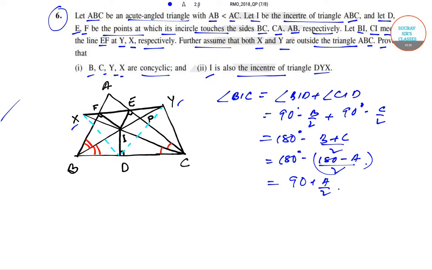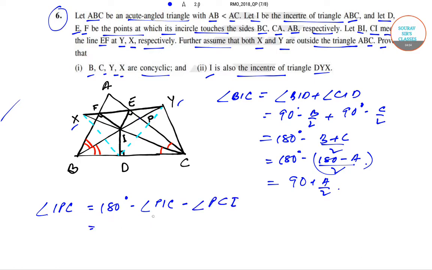Okay, so now we will be proceeding. We'll assume another thing, that let BY and AC intersect at the point P as has been shown in the figure. So now if we find out the measure of the angle IPC, this IPC will be equal to 180 degree minus angle PIC minus angle PCI.